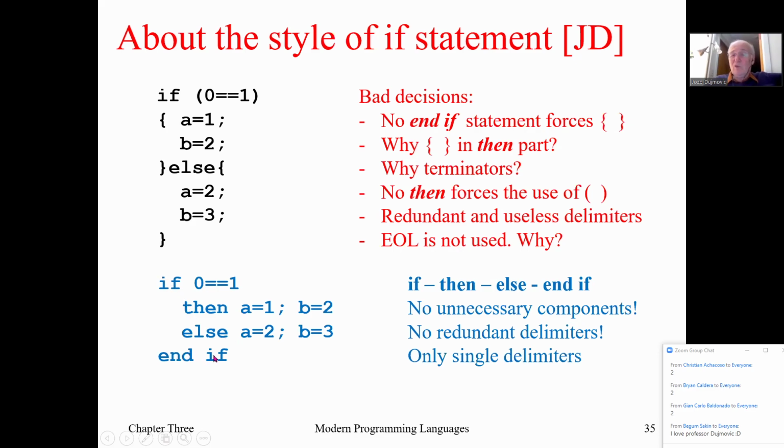Or some languages put just end here. So if, then, else, and end if are word delimiters, and these are expressions or whatever you have inside. And this is good taste. This here is bad taste. It is inconsistent. It does not have the end. It is the beginning without end.